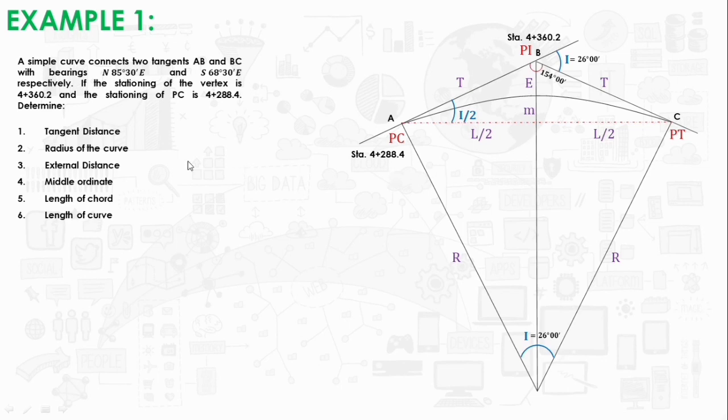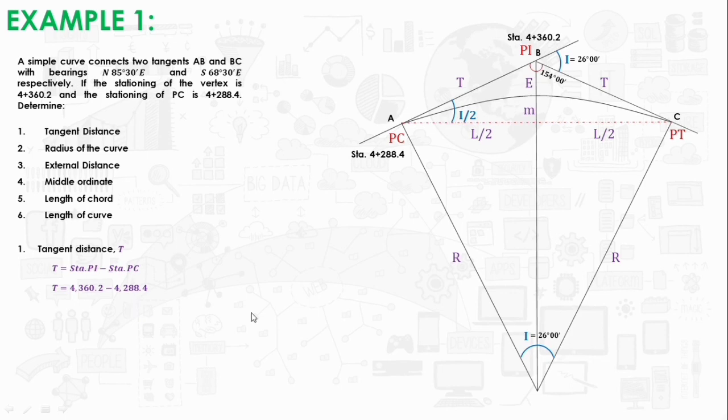So first, given the station of PI and PC, pwede natin makuha agad-agad yung tangent distance. Diba, tangent distance is simply the station of PI minus the station of PC, tama? I-subtract lang natin yung PC mula dito kay PI. So, the tangent distance t is equals to the station of the PI minus the station of PC, or 4,360.2 meters minus 4,288.4.